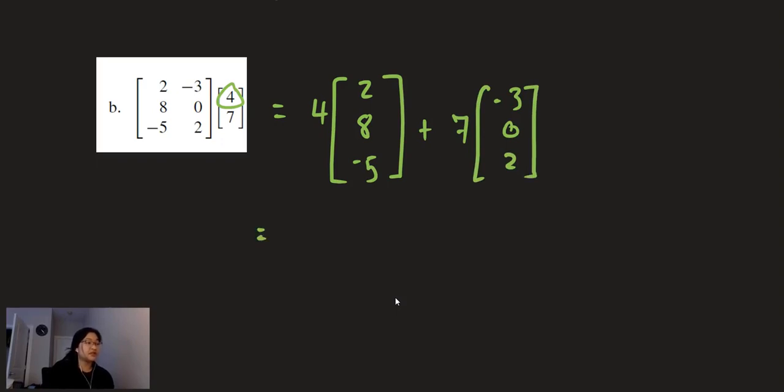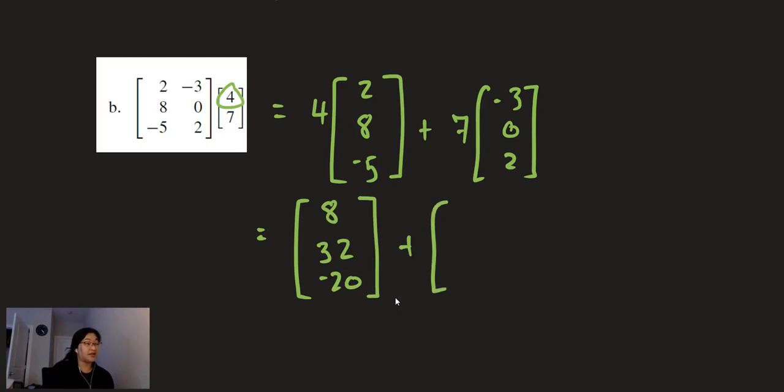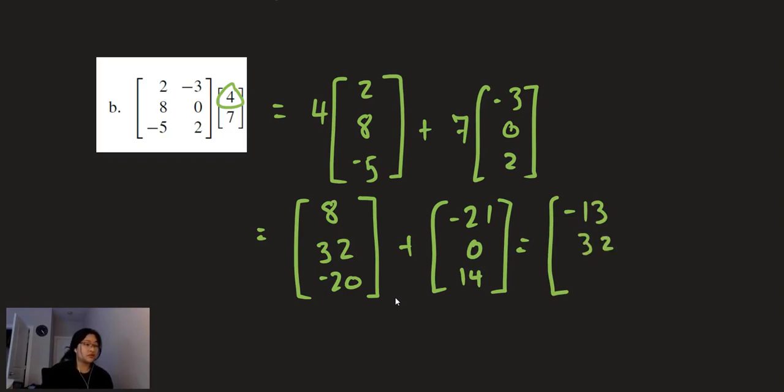So when we just scalar multiply what's on the inside, we get that for the first one, and that for the second, and then add them all up, and I think we get, let's see, (-1, 3, 32, -6), I think.